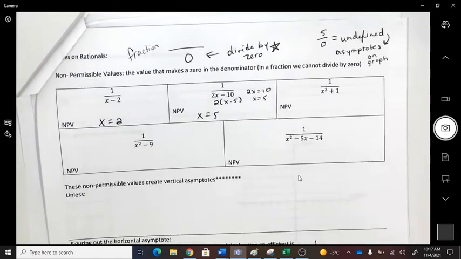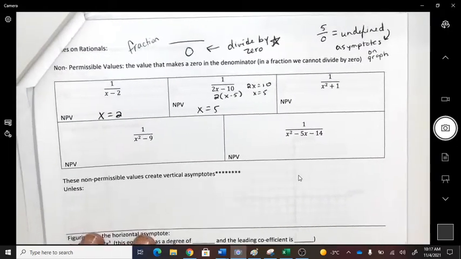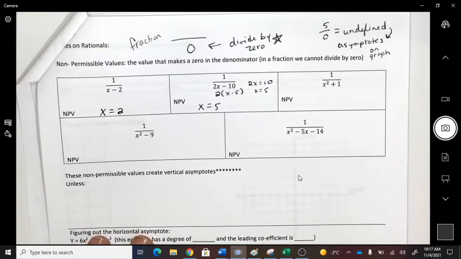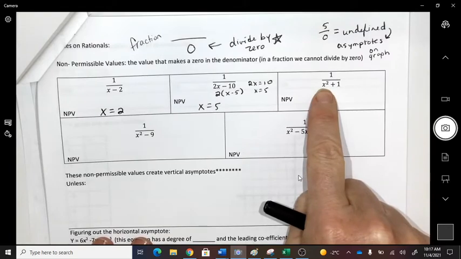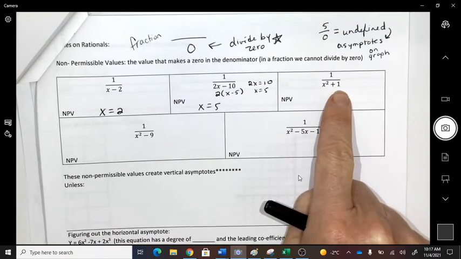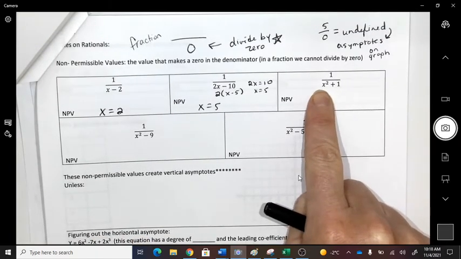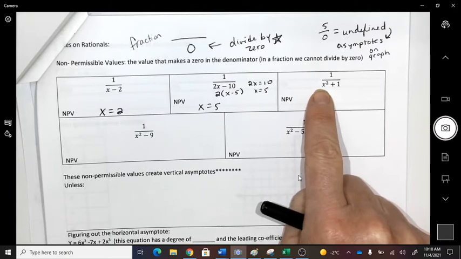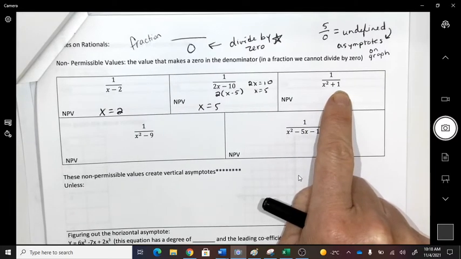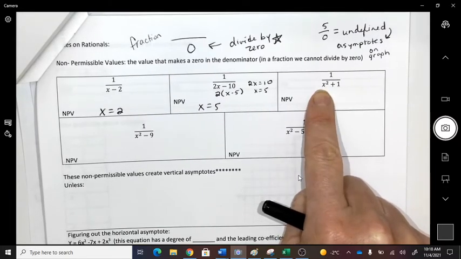Okay, what about the third one here? What happens when you square a positive number? Positive plus 1, that's still good. What if you square 0? 0 plus 1, that's still good. And if you square a negative number, it's positive.